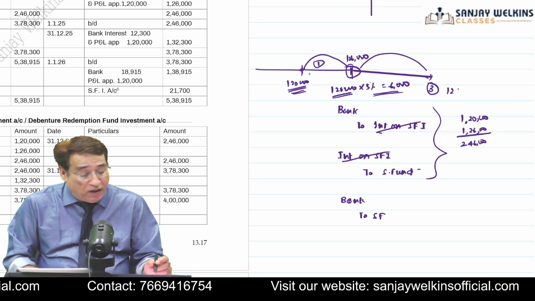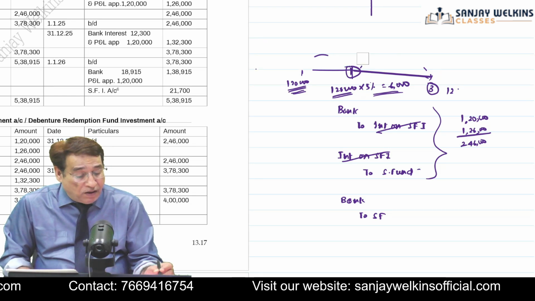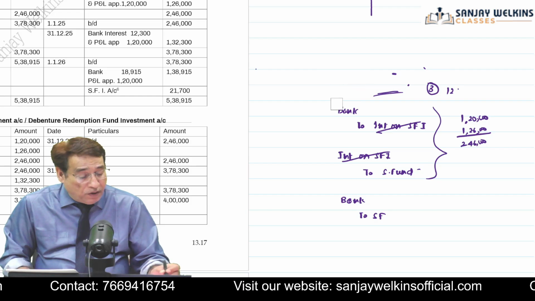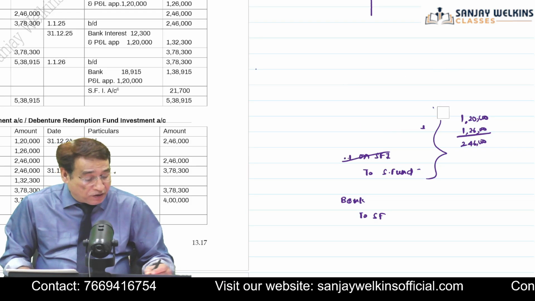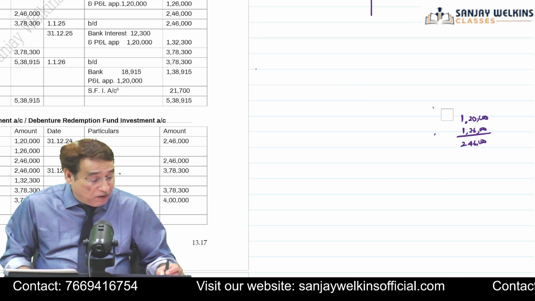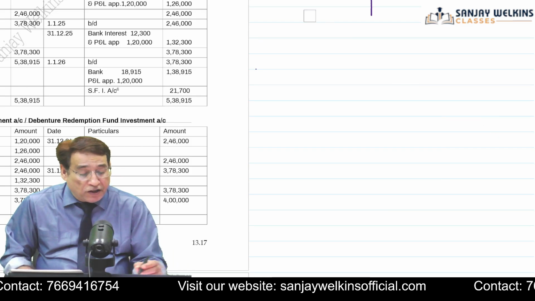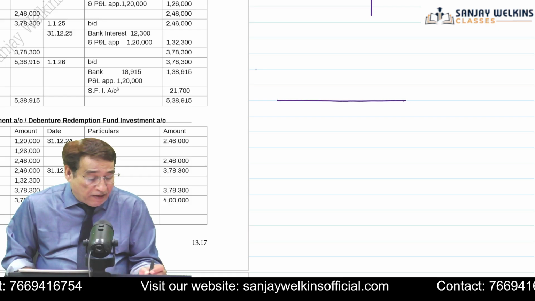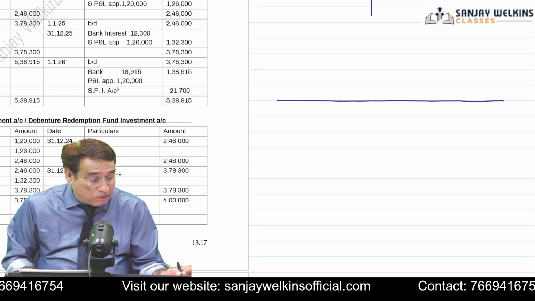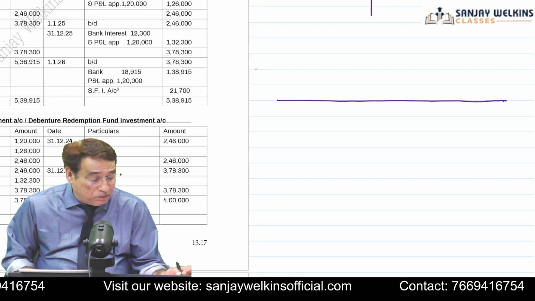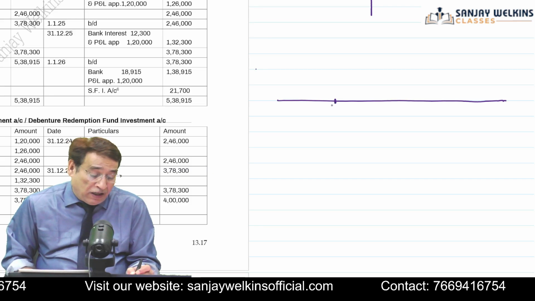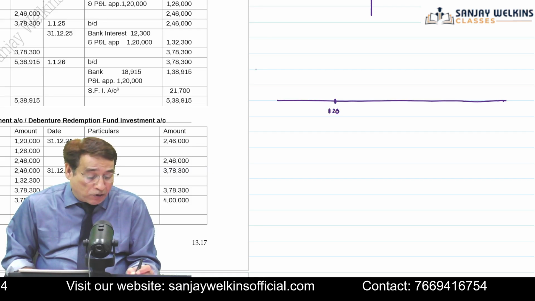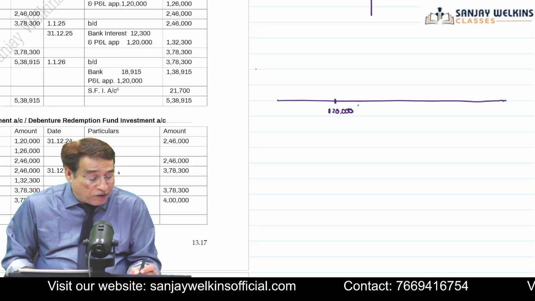Let me do it in a clear manner so that you understand it better. Just try to understand this point once again. This is the timeline. At the end of the first year, my total investment is equal to 1,20,000.